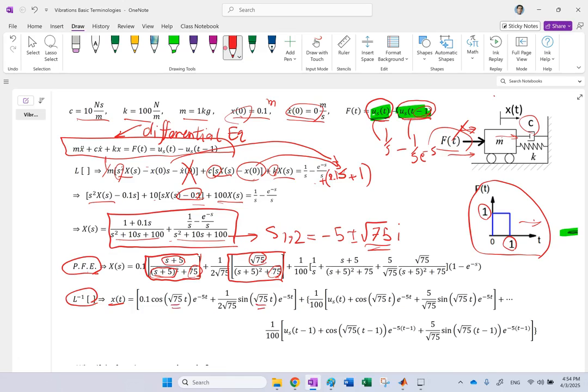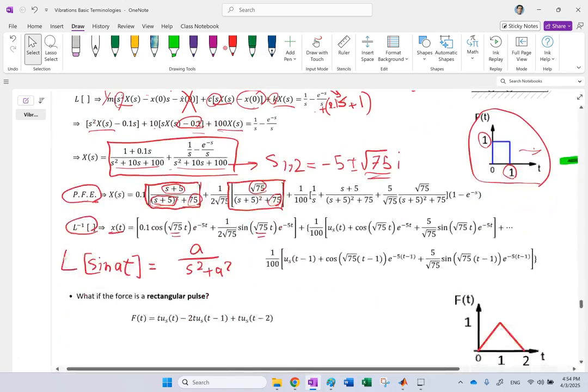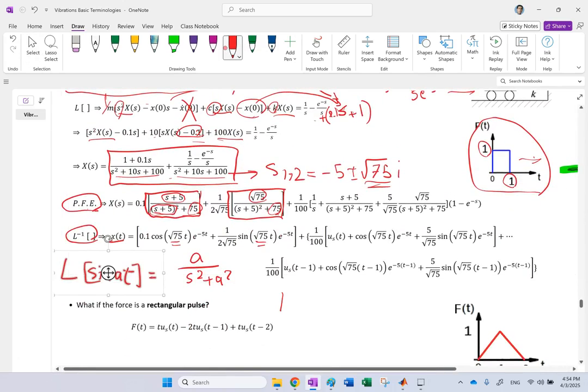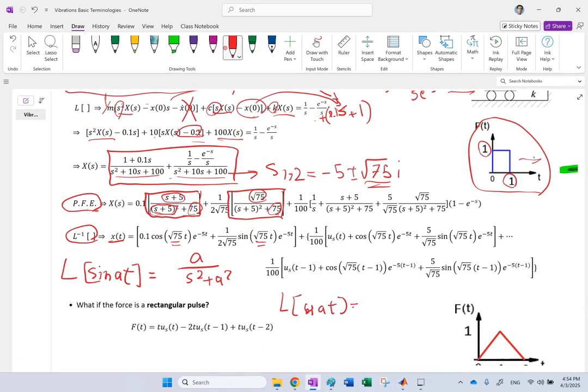Now remember that the Laplace of sine of a t is what? If you remember from the tables, this is a over s squared plus a squared. Okay? And the Laplace of cosine of a t is s over s squared plus a squared. But here you don't have s in the numerator and denominator, you have s plus 5.